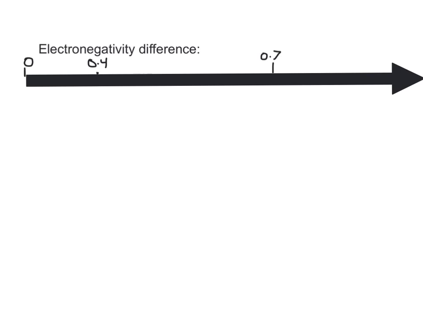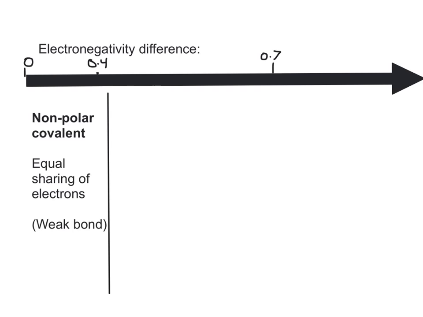Once you have your electronegativity difference between two atoms, you can look at the electronegativity scale, which looks exactly like this. If your electronegativity difference is between 0 and 0.4, you have a nonpolar covalent bond, which means the electrons are shared equally. And because they're shared equally, it's actually a weak bond.